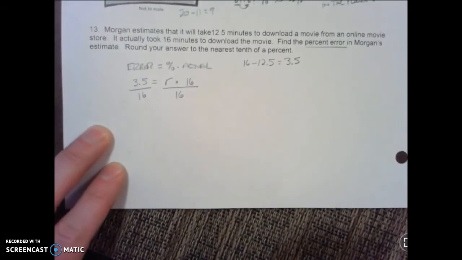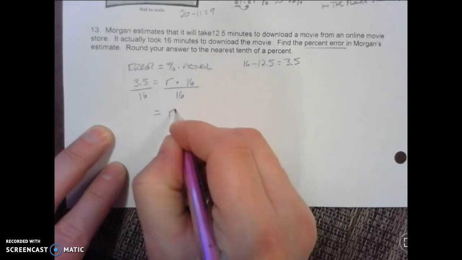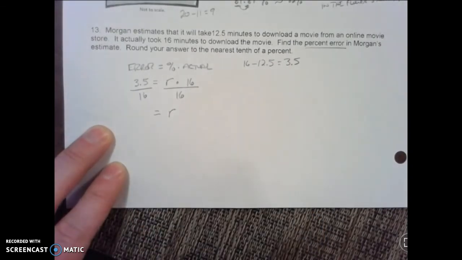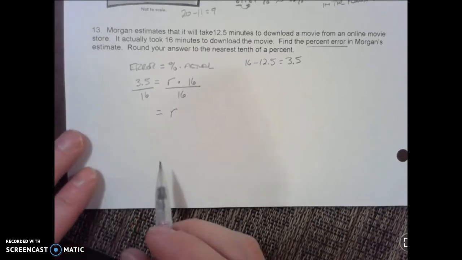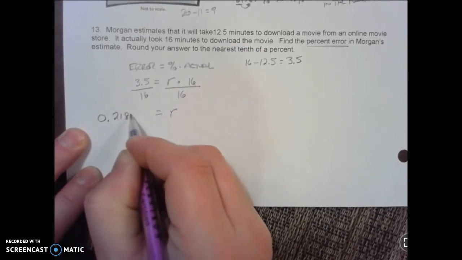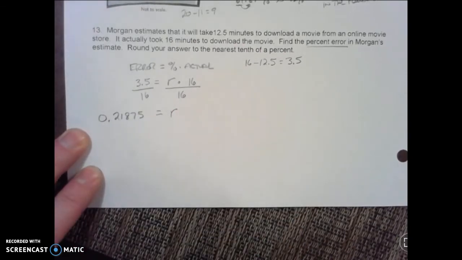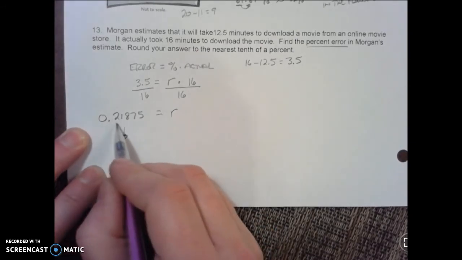When we do that, on the right, 16 divided by 16 is equal to 1, leaving us with the rate R. On the left side, 3.5 divided by 16, we punch that into our calculator, and we get the decimal 0.21875. And again, that's the decimal value for R, but we need it as a percentage. So move that decimal point 2 places to the right.